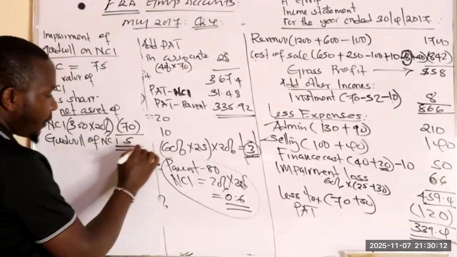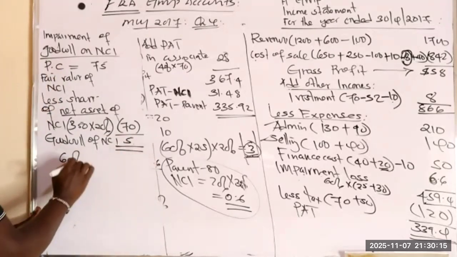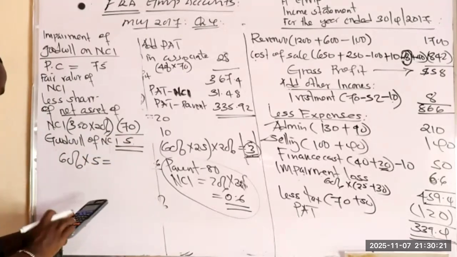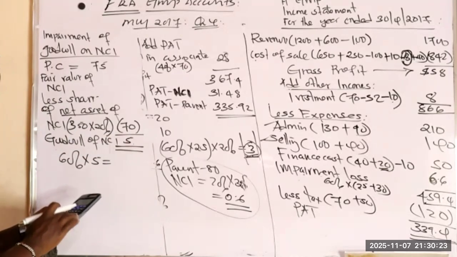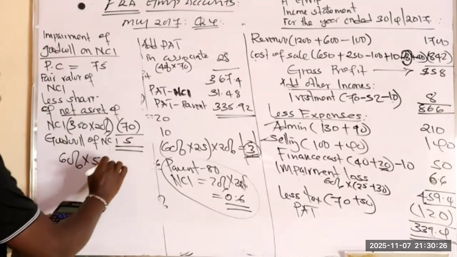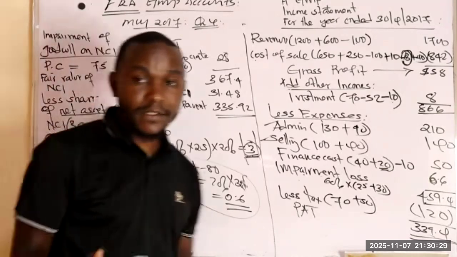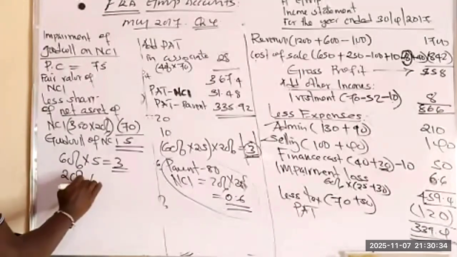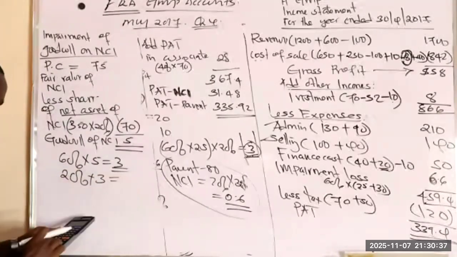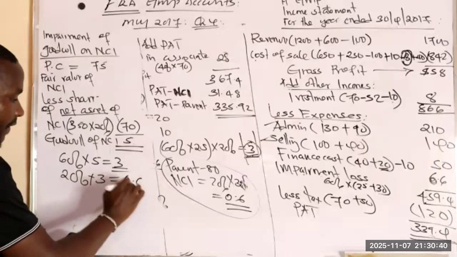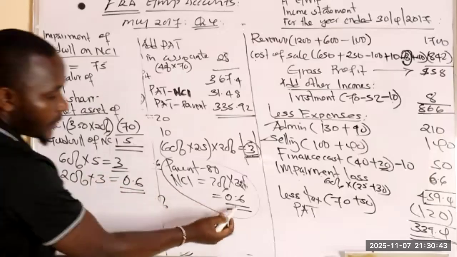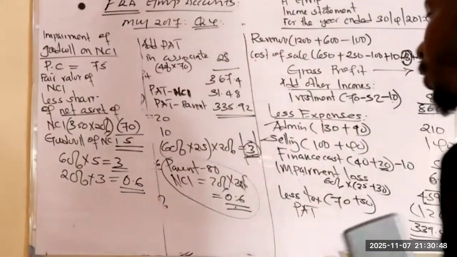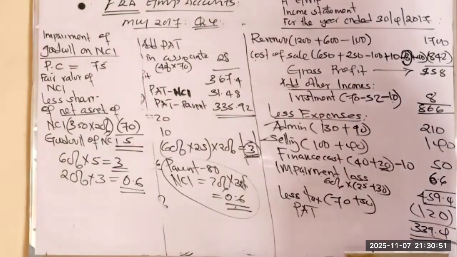We have been told 60% will impair, so 60% multiplied by 5 gives us 3. Then of these 3, only 20% relates to the current year, which gives you 0.6. We arrive at the same value. So you can choose to go in the other direction, or you can use that one.